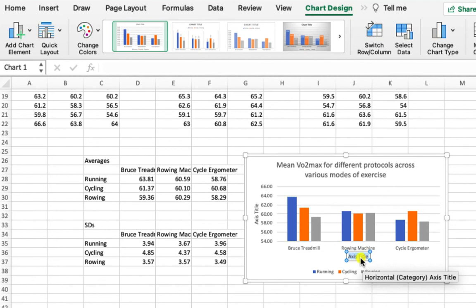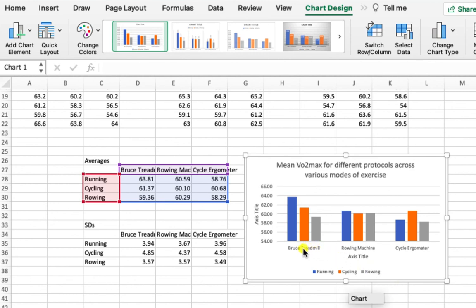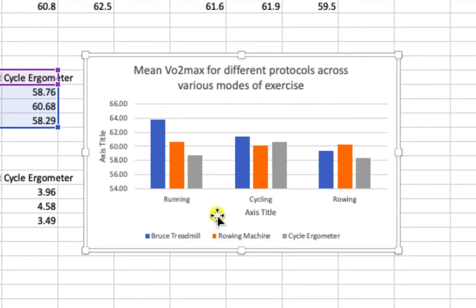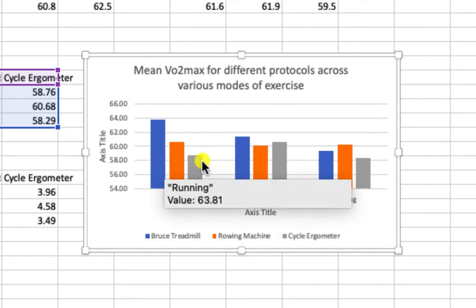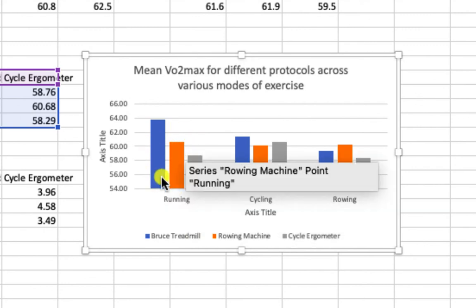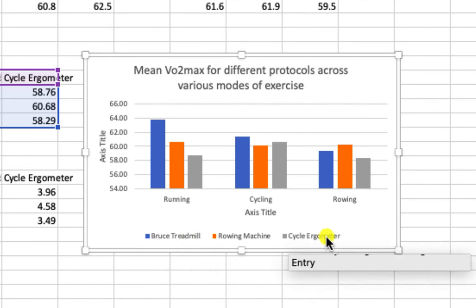So actually, the way that I input this, we need to switch it because I asked you guys to compare the protocols within each mode. And the protocols right now are listed here. I actually want them the other way. So now I'm looking at differences between protocols, which are the bars noted in the series.